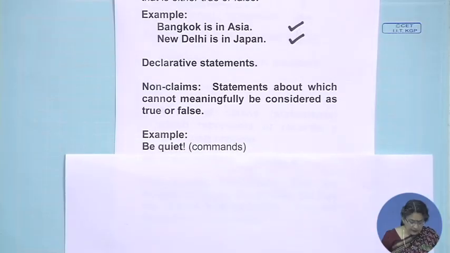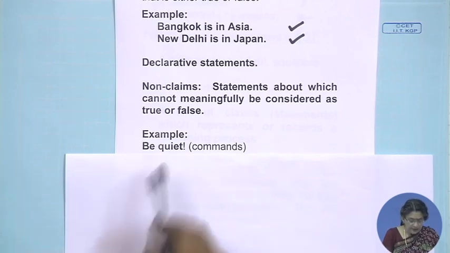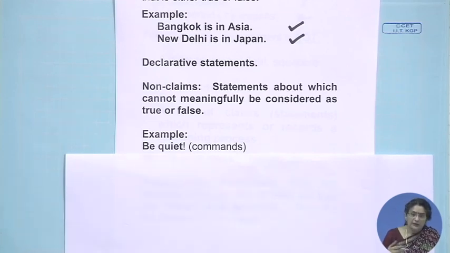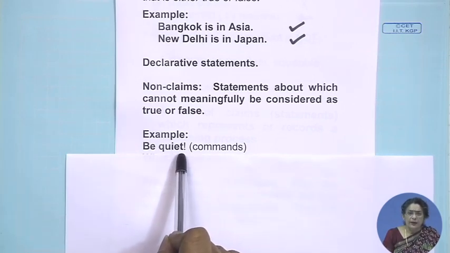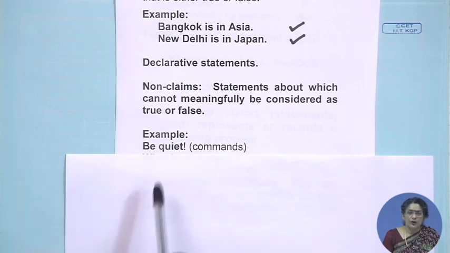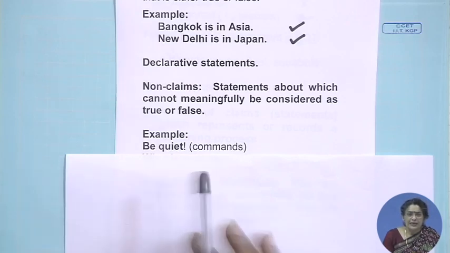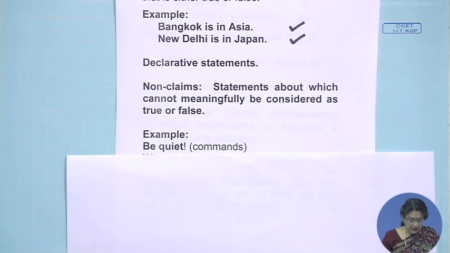What would be an example of that? Well, for example, be quiet. It is a statement, and type-wise we call it an imperative statement, where you are commanding somebody to be quiet. But about this you cannot say it is true or it is false. It does not assert something, it simply commands.